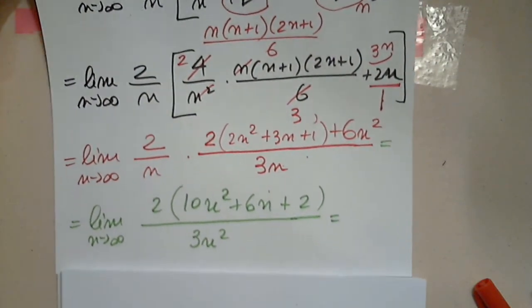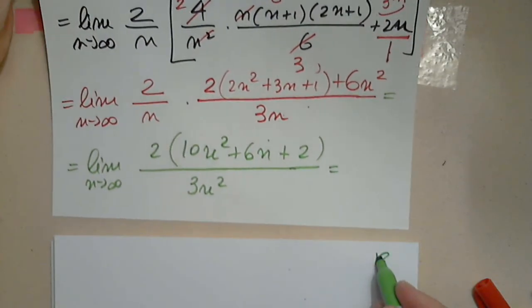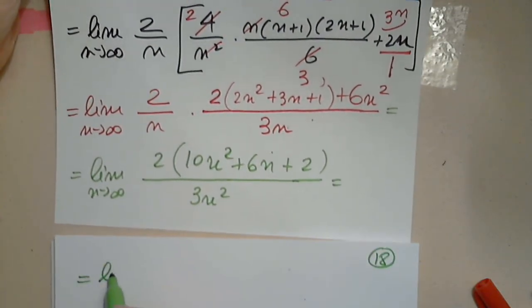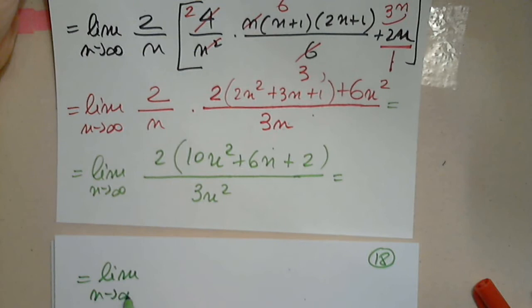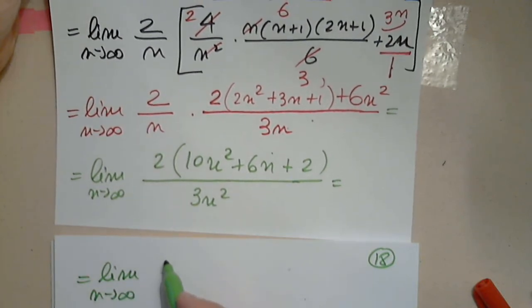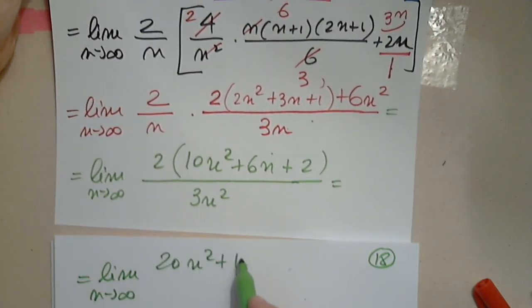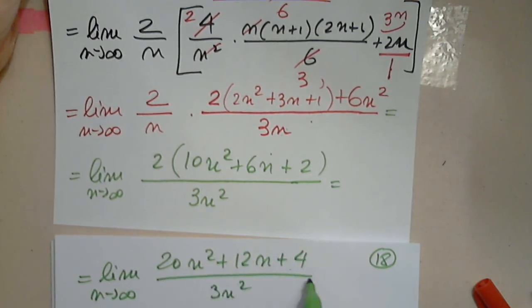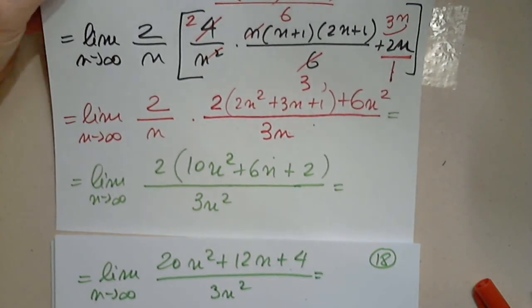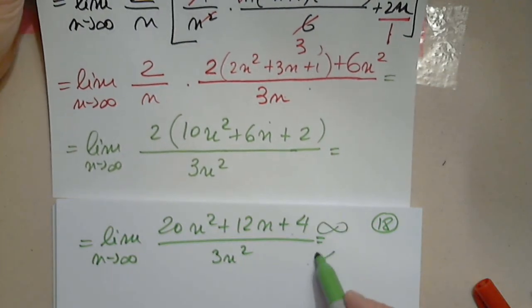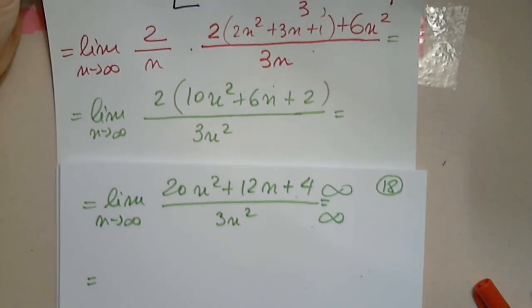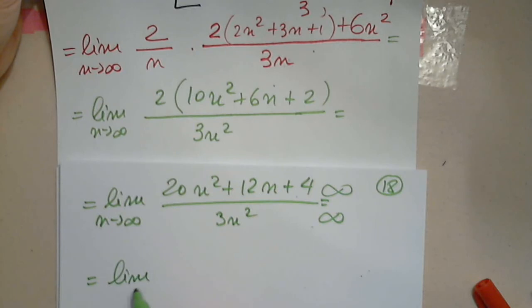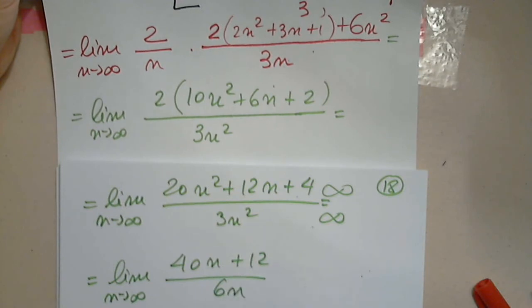We know the answer from pre-calculus, but let's say we don't remember. So I have limit as n approaches infinity. I'll distribute the 2. 20n squared plus 12n plus 4 over 3n squared. And we know that it's infinity over infinity, and we have L'Hopital's rule. So limit as n approaches infinity of 40n plus 12 over 6n.